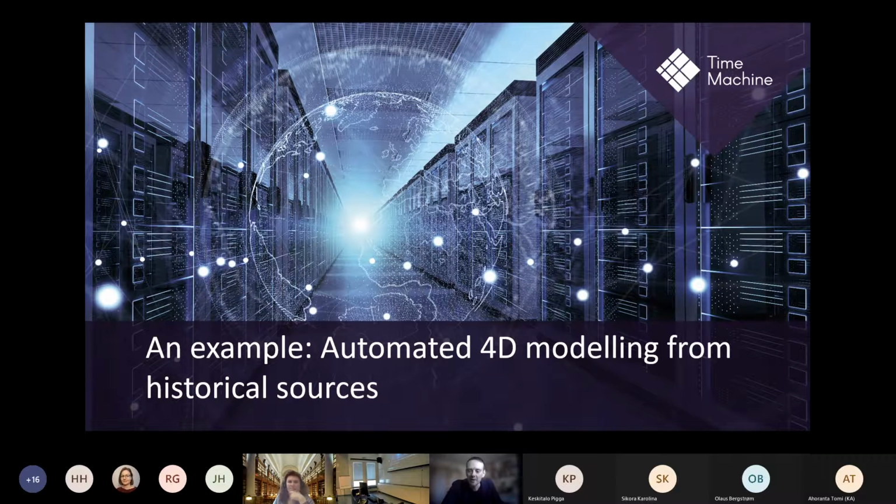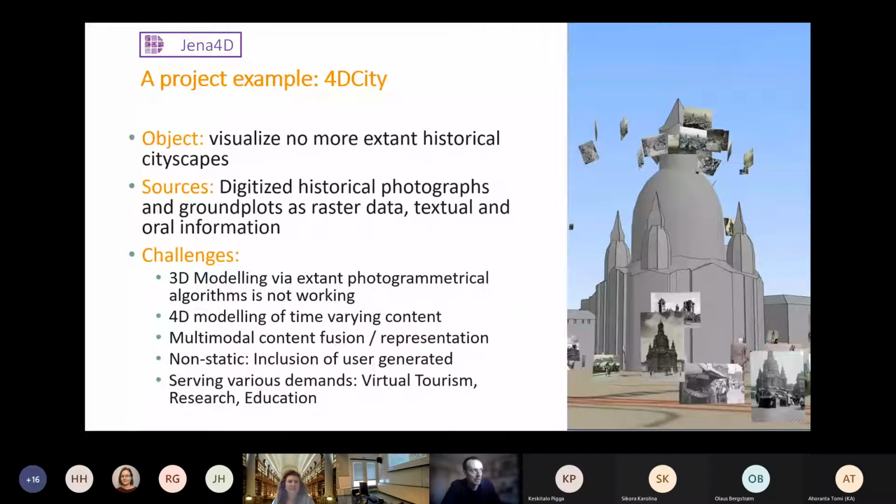Let me come to a last point in my presentation today, which is just one example of a building brick we are creating and working on in my lab: automated 4D modeling from historical sources. In our case, in Jena, the objective is to visualize no-longer-extant historical cityscapes and to do it in a highly automated way from historical photographs, also including textual and oral information, and so on.